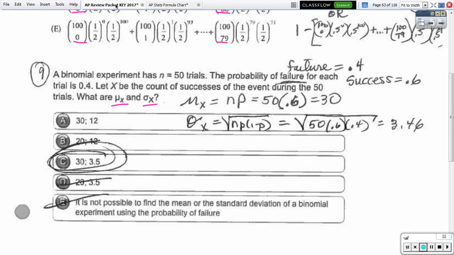Now, do be mindful. It tells us the failure rate is 0.4, and we wanted to know the success of an event. So we had to turn it around and use the success probability here. So you got to keep that straight when you're putting in those percentages.